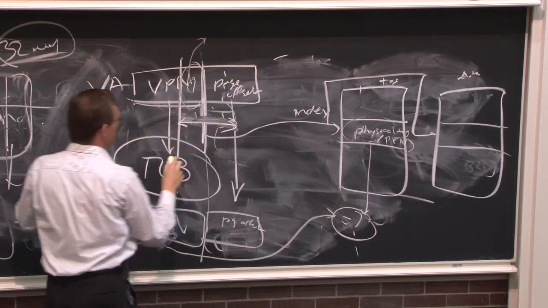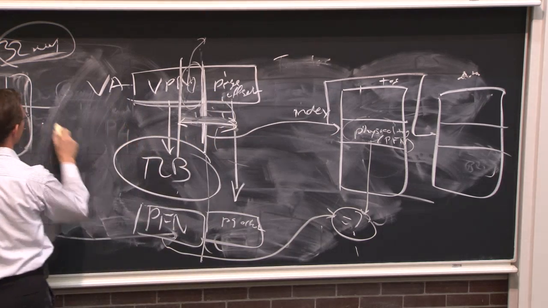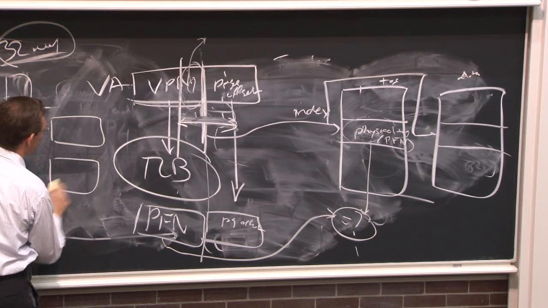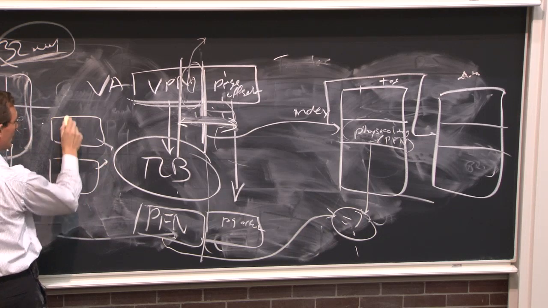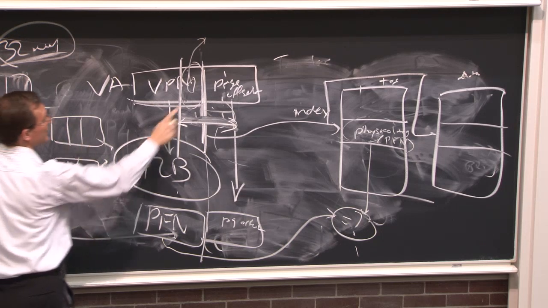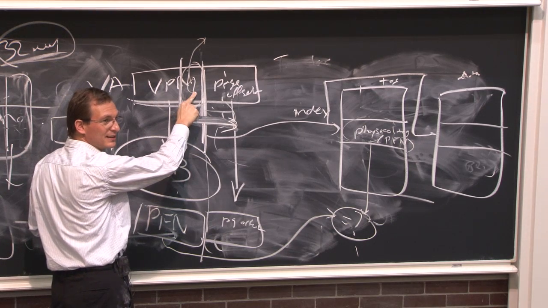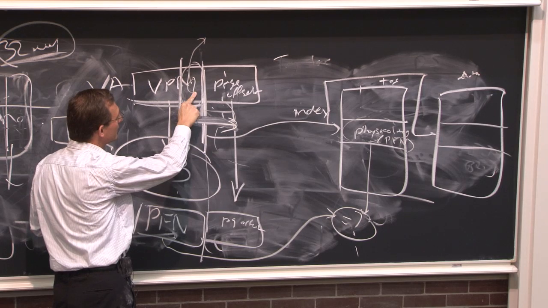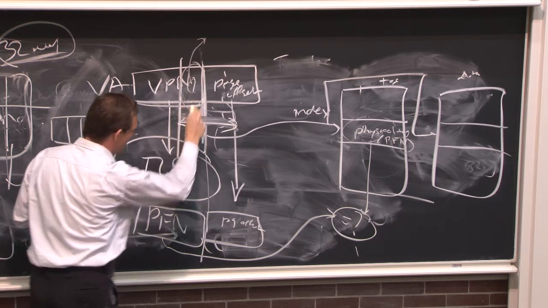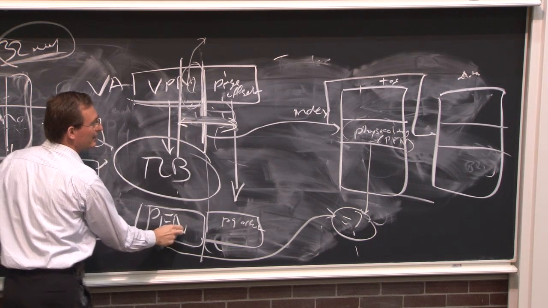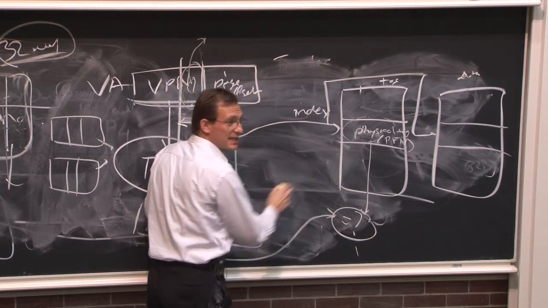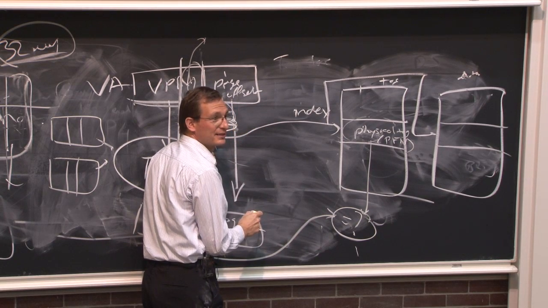And if you have 2 virtual addresses mapping to the same physical address, and they happen to differ only in that bit, and this bit changes during translation, now you get 2 locations where the same physical address can be, right?